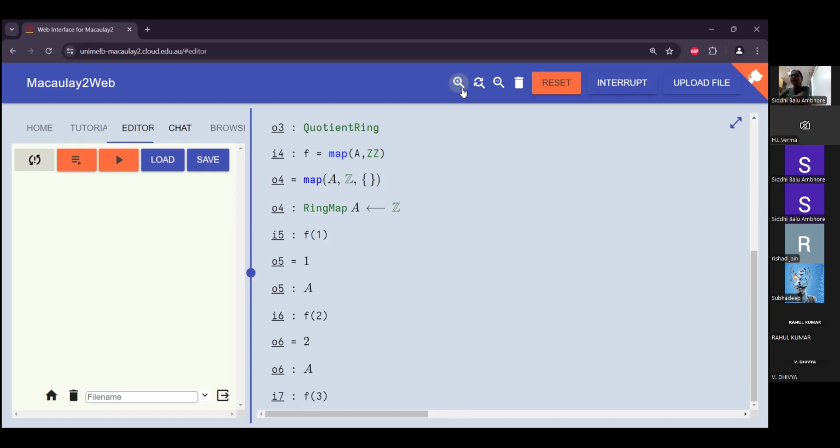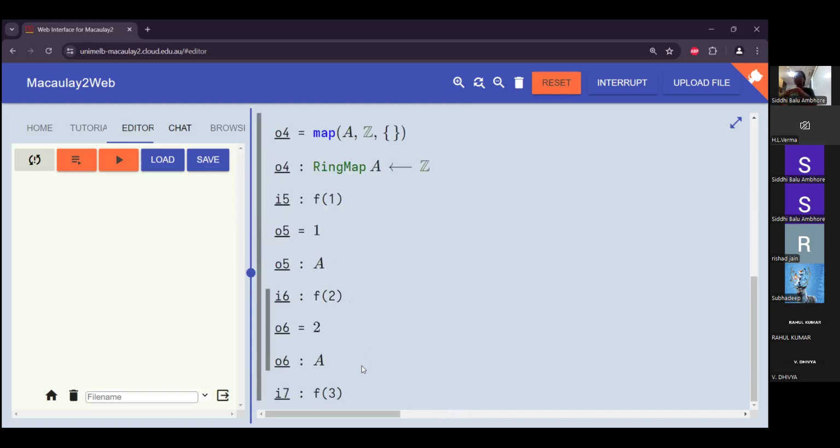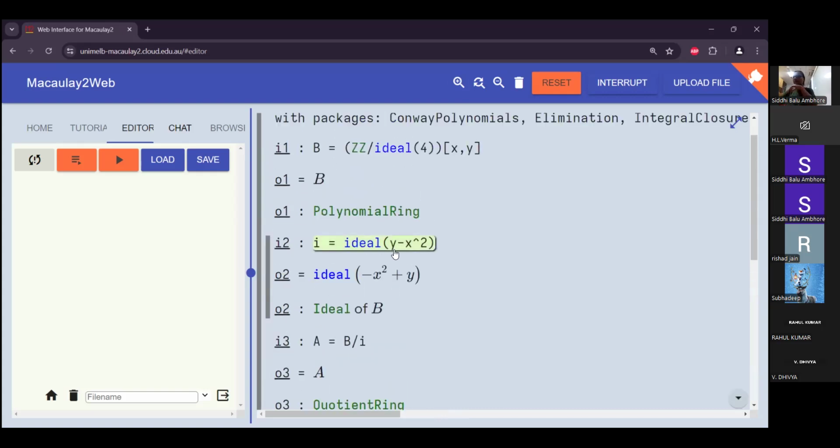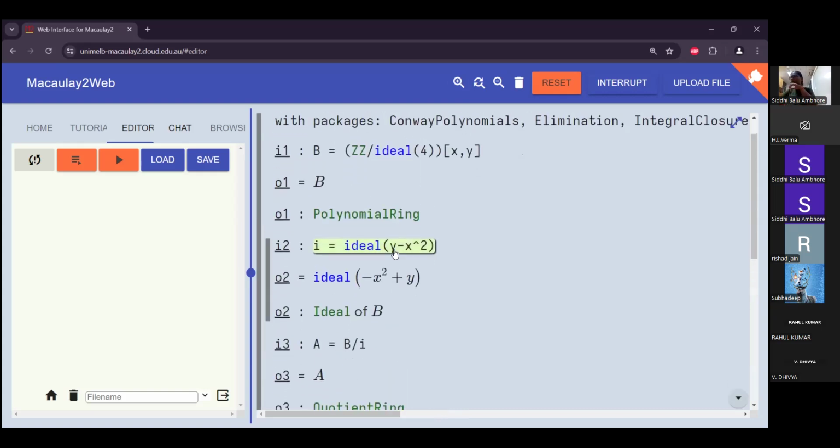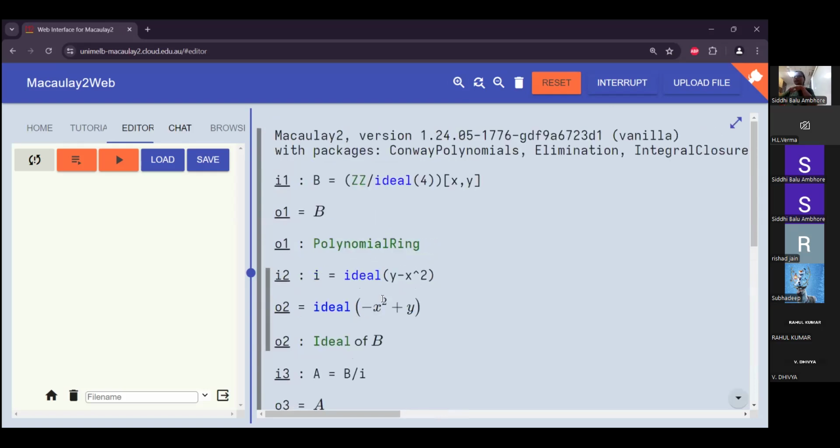I'm getting an error when I type A equals B mod I. Did you define it properly? When you define this B, could you see this polynomial ring and also this ideal of B?